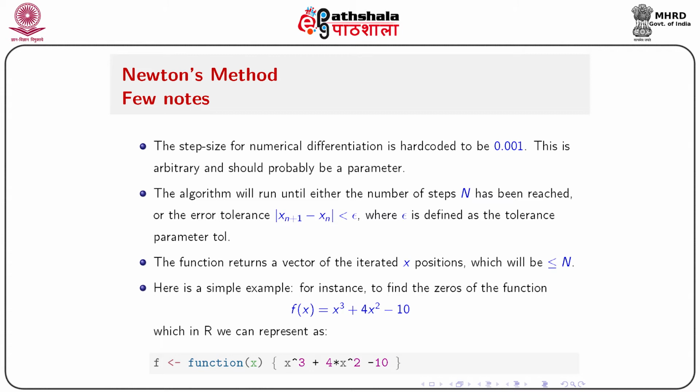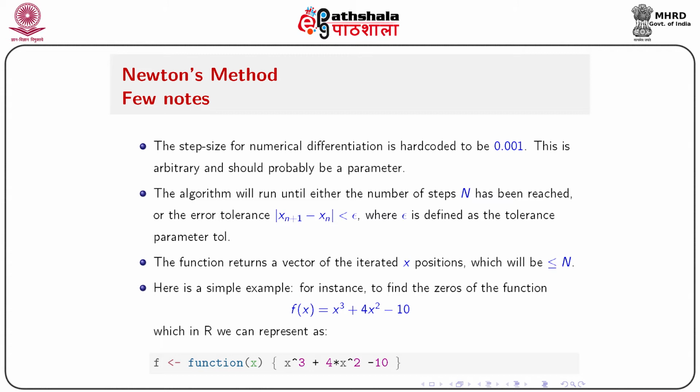Here is a simple example. For instance, to find the zeros of a function, say f(x) equals x to the power 3 plus 4x squared minus 10, which in R we can represent as f equals function of x, x cubed plus 4x squared minus 10.